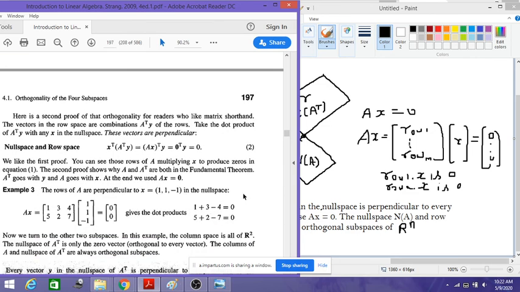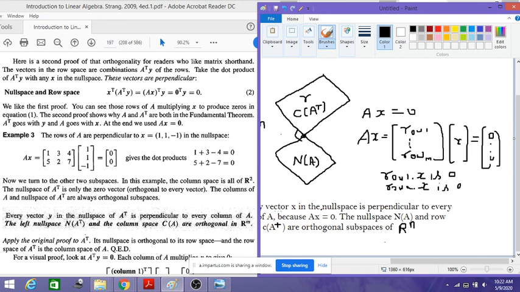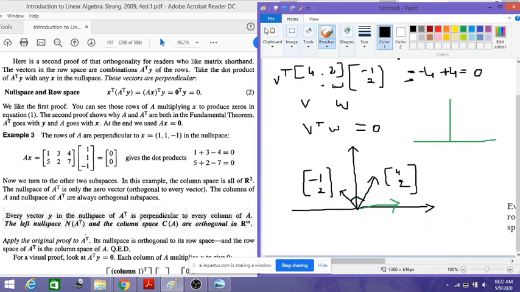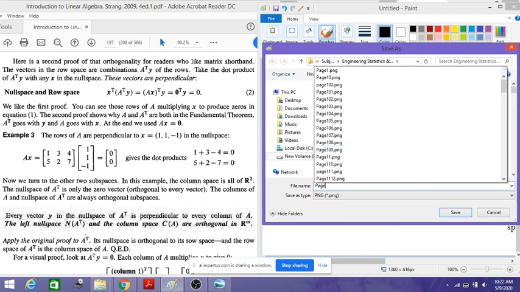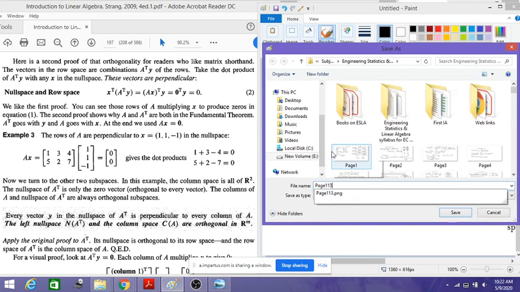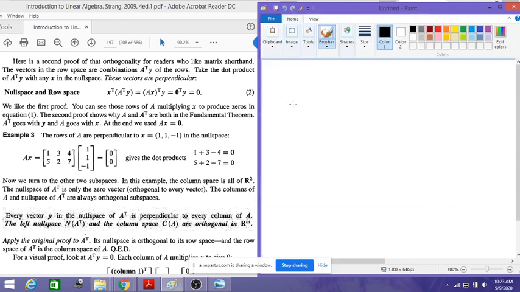If you talk about the null space and row space another way, let's take one more example to understand. We'll take a row of A; the rows of A are perpendicular to x.